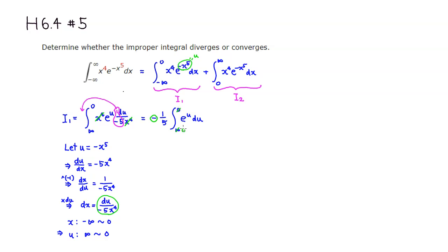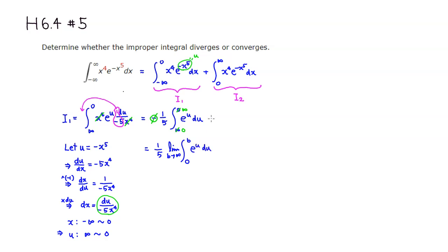So I put 0 on the bottom and infinity on top, and then we can get rid of the negative sign. Then we know that 1 over 5 is just a constant. The troublemaker in this case is having an infinity, so I'm going to replace it by b, but we take the limit as b approaches infinity. The lower limit is 0, and you have e to the u du.